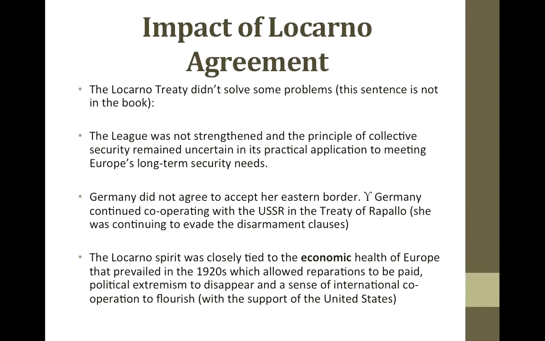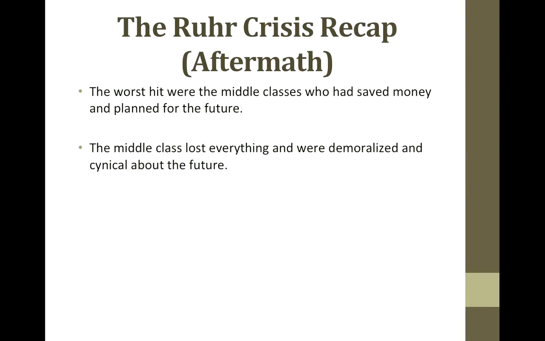So, the Locarno spirit was closely tied to the economic health of Europe. All right, so throughout the early part of the 1920s, we were starting to see an economic boom, all right, and a lot of economic revitalization in Europe, and reparations were being repaid, and all of these ideologies and political extremism were disappearing, all right.